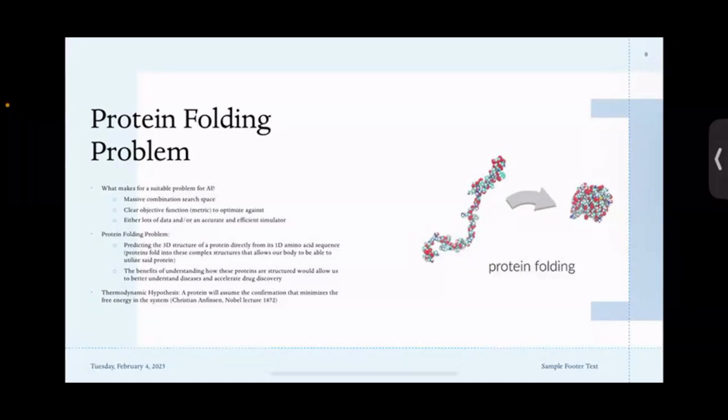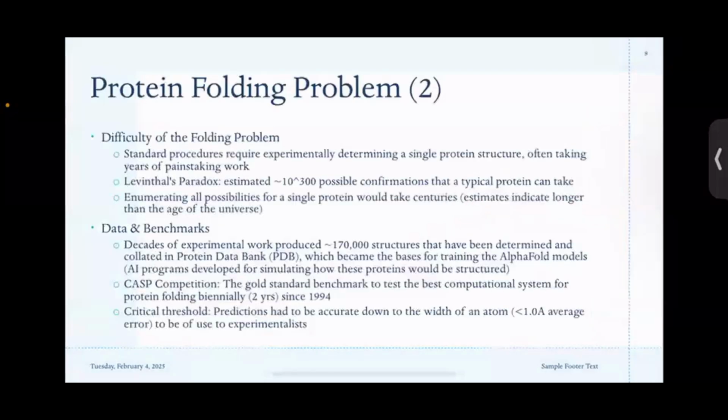Now, in an earlier Nobel lecture in 1972, Christian Anfinsen came up with the thermodynamic hypothesis. It essentially states that a protein will assume the conformation that minimizes the free energy in the system. There are some difficulties with the folding problem.